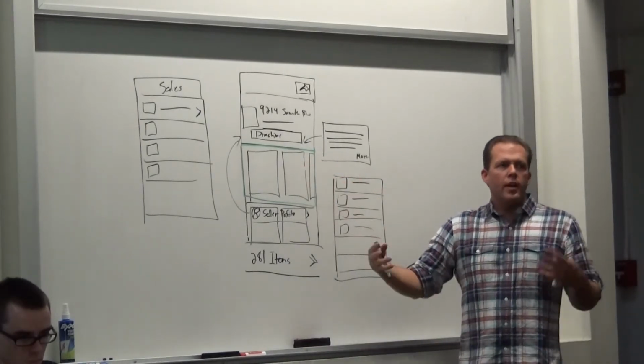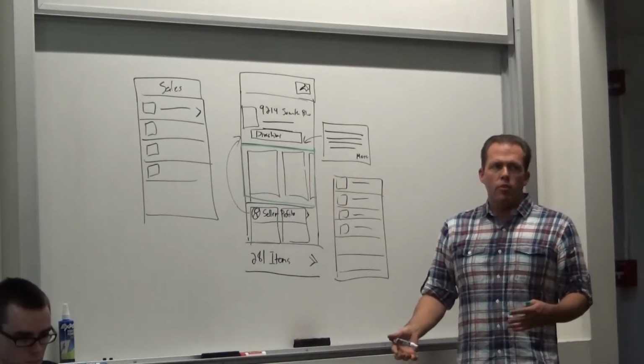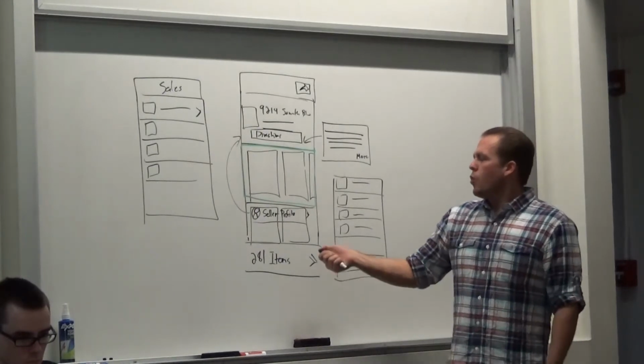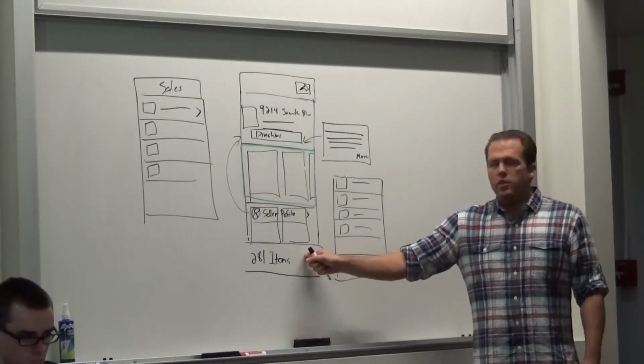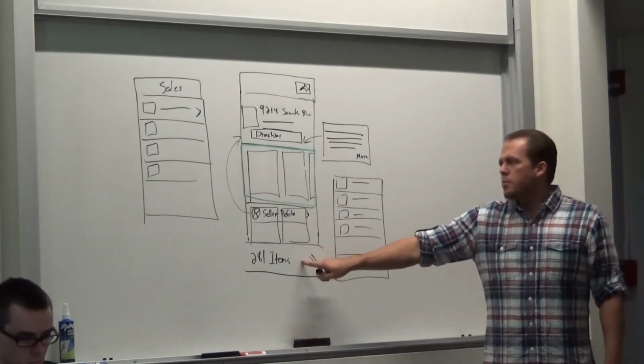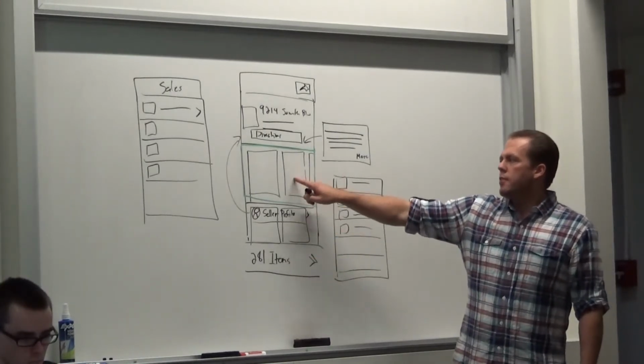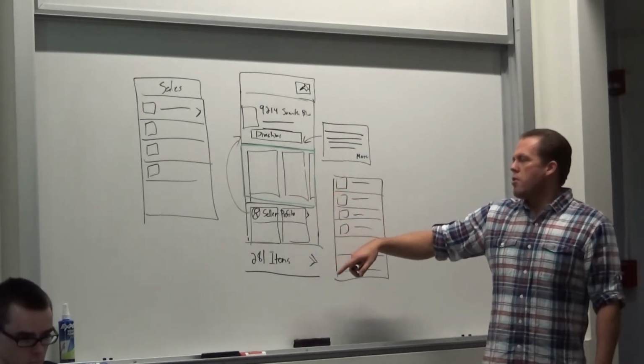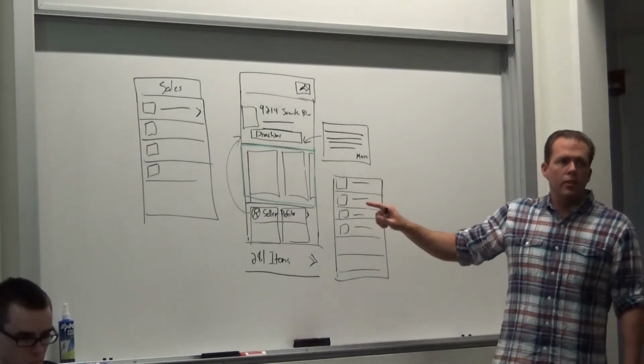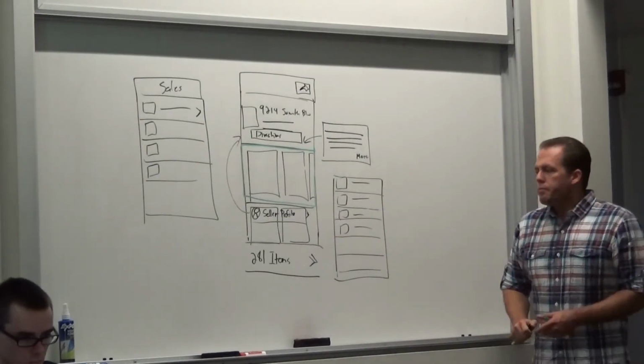So these are all the kinds of strategies you have to think about in your product design: what is important on this page? If it's these items, obviously we probably want to go with this style a little bit more than this style where you have to click into another list.